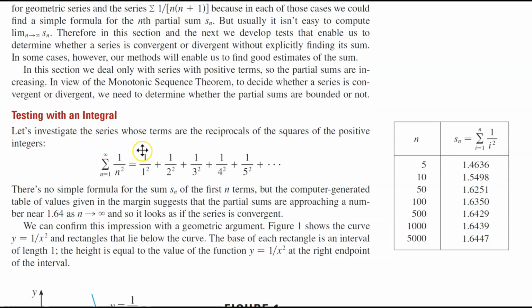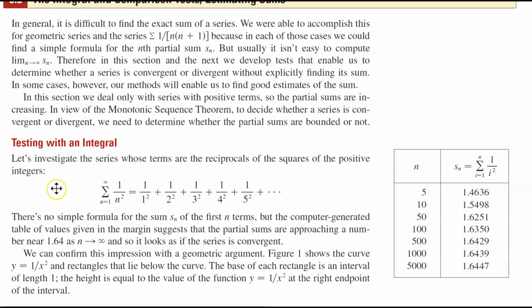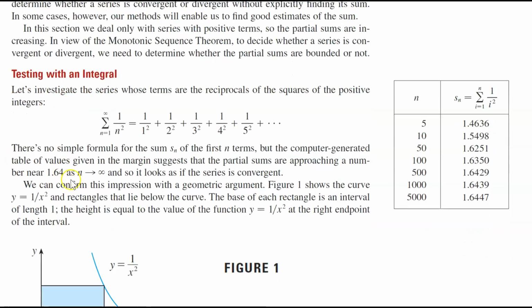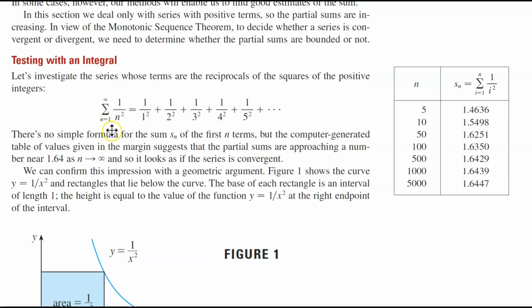Let's investigate the series whose terms are the reciprocals of the squares of the positive integers. The sum as n goes from 1 to infinity of 1 over n squared is equal to 1 over 1 squared plus 1 over 2 squared plus 1 over 3 squared, and so on.